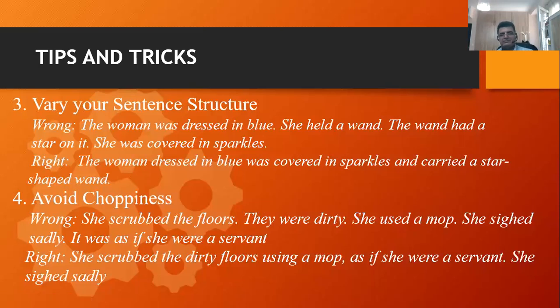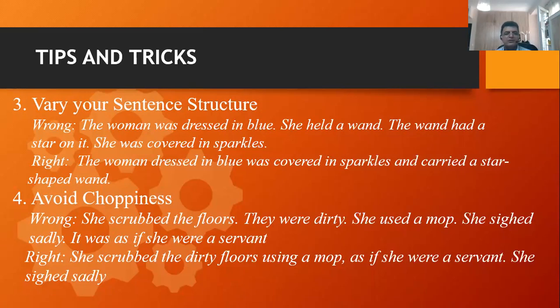Yes. Okay, so I was talking about avoiding choppiness. If you write a sentence like "She scrubbed the floor, they were dirty, she used a mop, she sighed sadly, it was as if she were a servant," I would believe that the writer is an elementary school student.